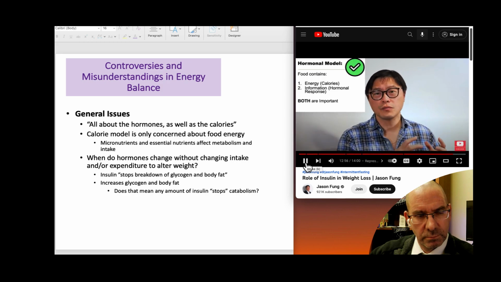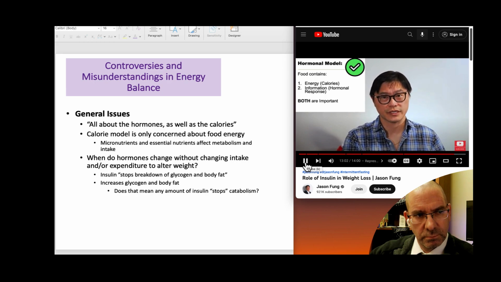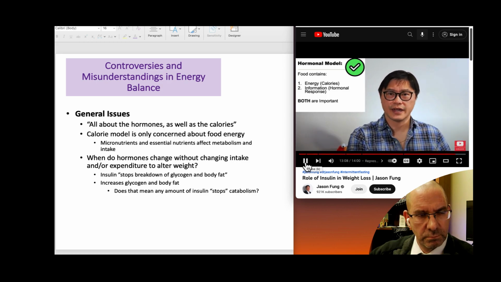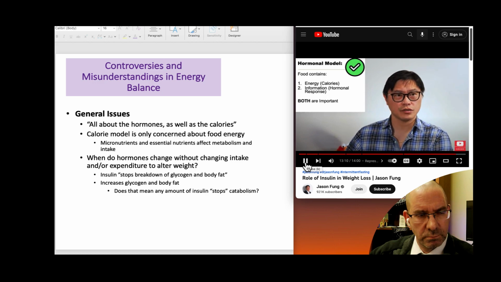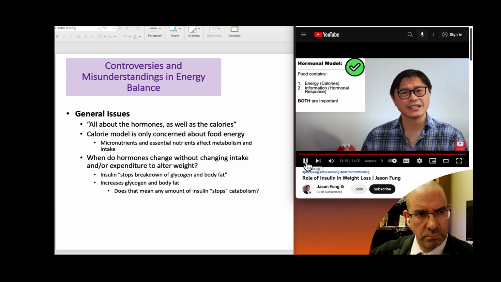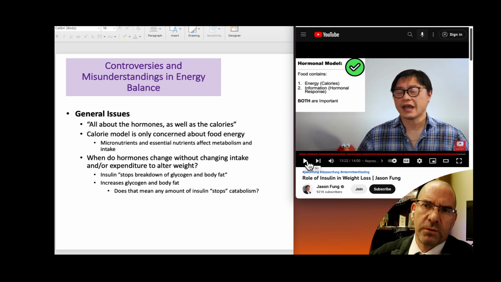But the hormonal model is a much more comprehensive understanding of how our body processes those calories, because it takes into account the amount of energy and the instructions of that energy. The calorie model, which just says count your calories, actually takes no account of the instructions that are given to our body, and that's why it's been so unsuccessful. If you look at the ADA, Weight Watchers, etc., you get points.